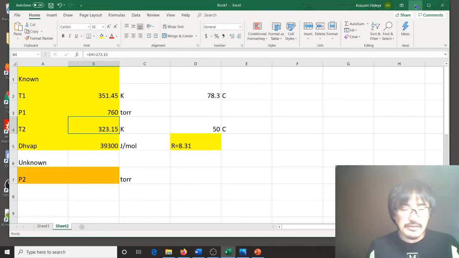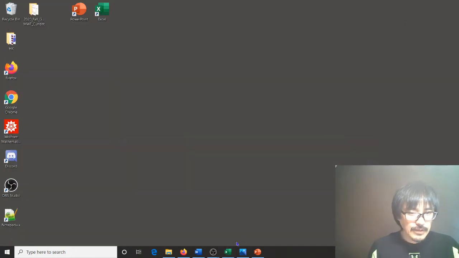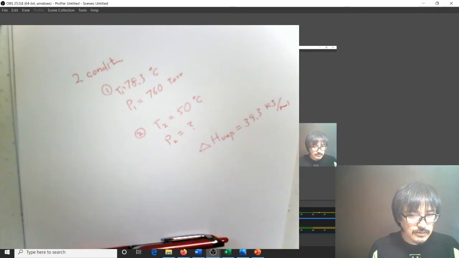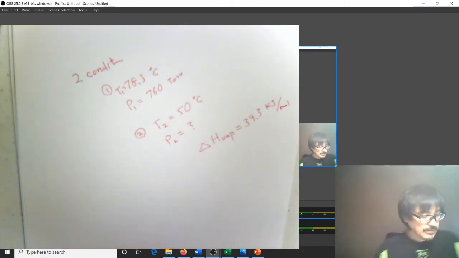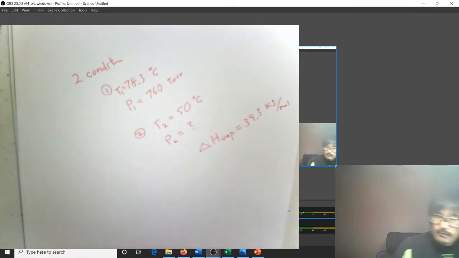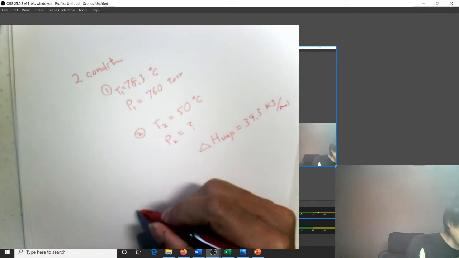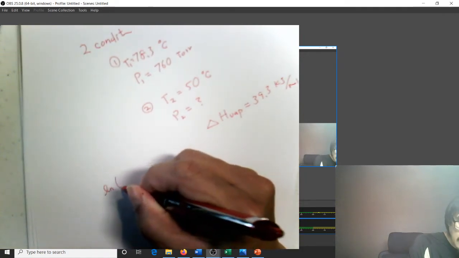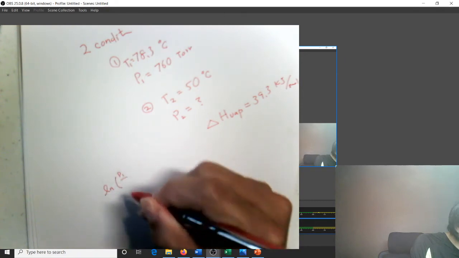Now let's do the algebra for a while. So I go back to the screen, which is gonna open up these things. Now the formula that we use for this one is log of P1 divided by P2.